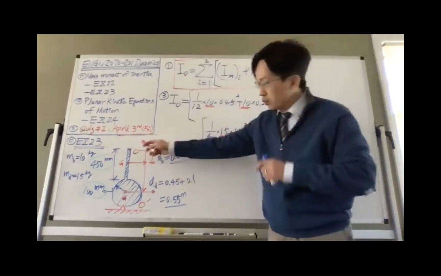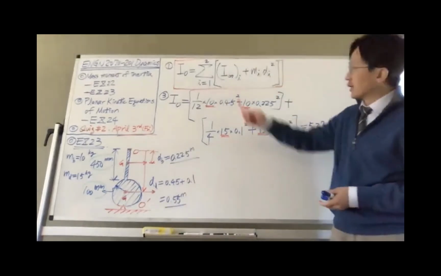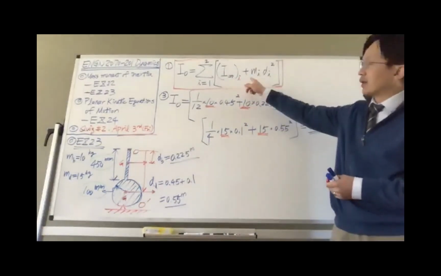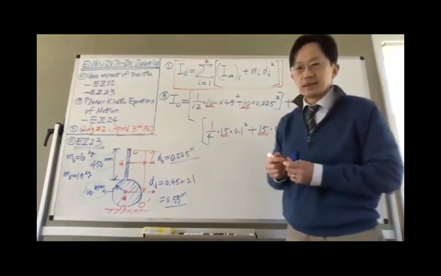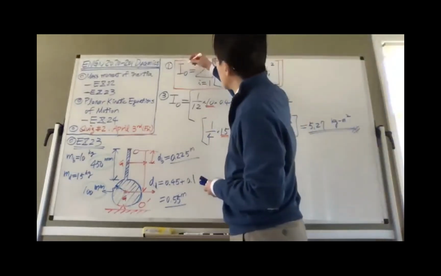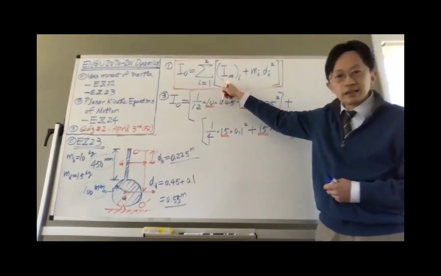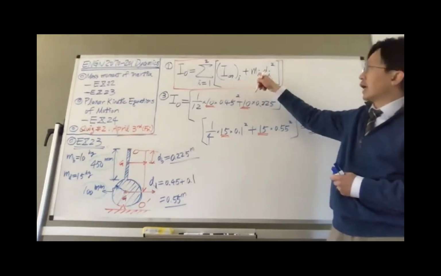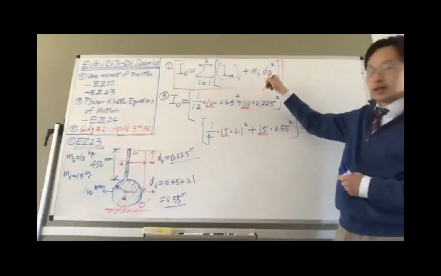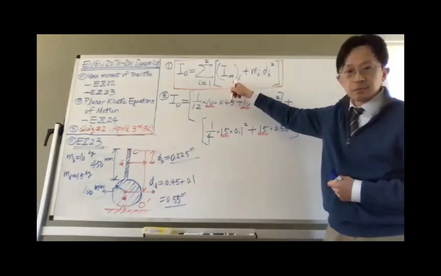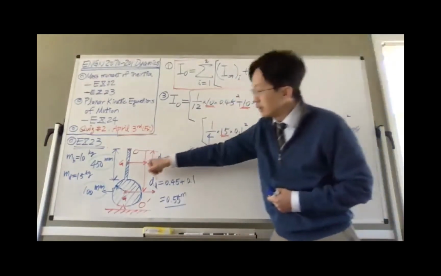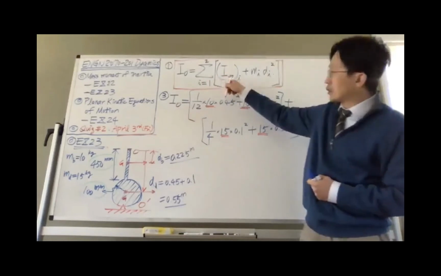Now, when you make this change, you look at the definition here. Whatever point you want to consider, it must be the summation of the mass moment of inertia at the center of gravity plus m times d squared. For the first term, the mass moment of inertia of the individual objects, this value Ig will never change.